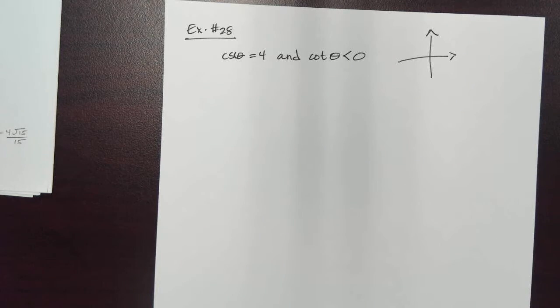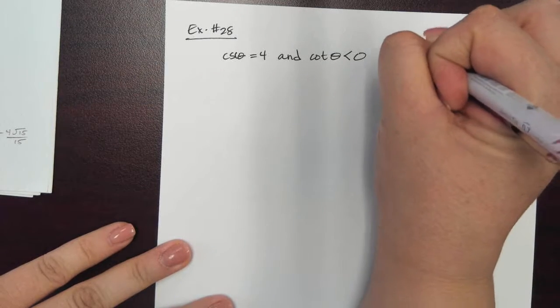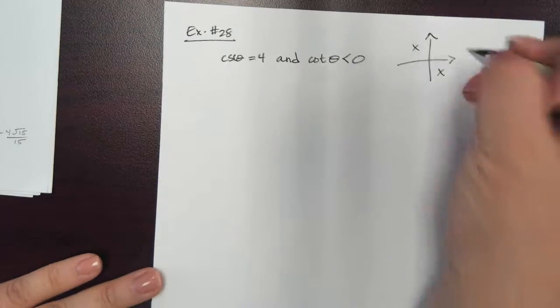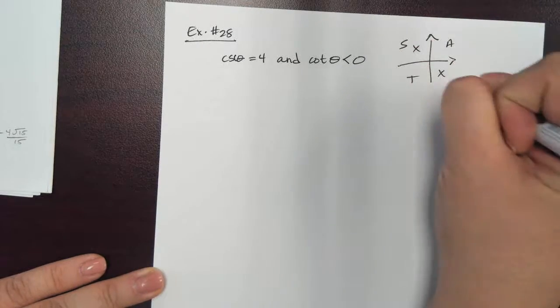Cotangent is going to be the same as tangent. Tangent is positive in 1 and 3, and cotangent is less than 0, so that means it's negative in 2 and 4. So my options are here or here. All students take calculus.